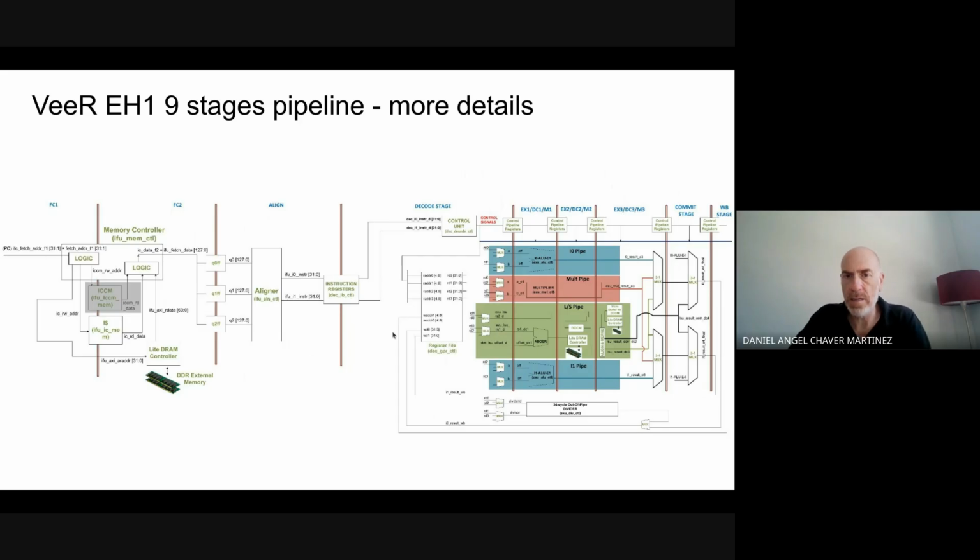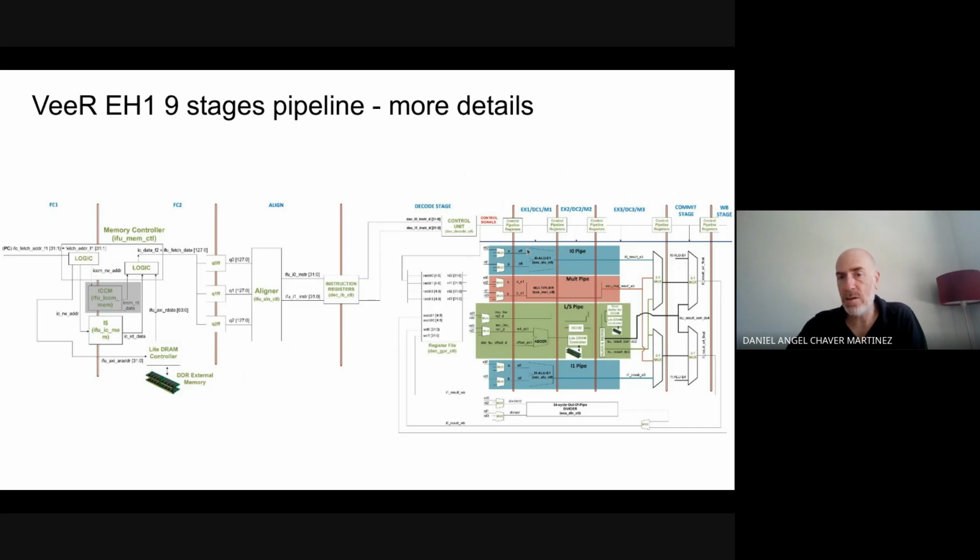You already know what's the decode stage. These are the 3 execution stages for executing the instruction. And finally, these are the commit and write back stages that write the results into the register file.